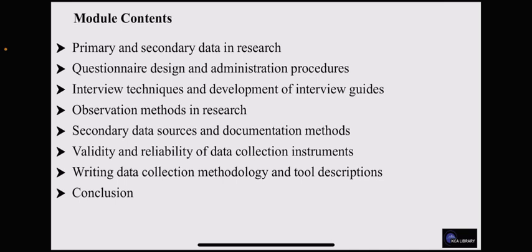And after that, we also move on to observation methods in research. Then we also look at secondary data sources and documentation methods. Then also look at validity and reliability of data collection instruments. And finally, we'll be looking at writing data collection methodology and tool description before we now move on to the concluding part for this module.